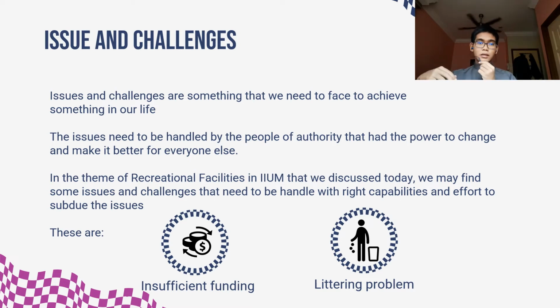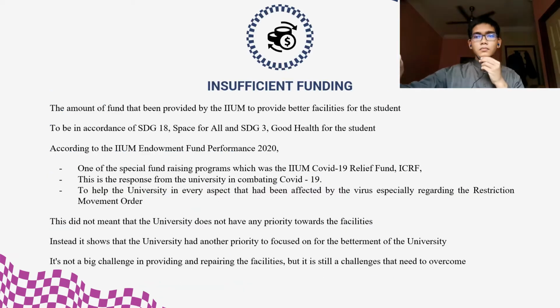So in this theme of recreational facilities in IIUM that we discussed today, there are some issues and challenges that we need to face, and we will present two of them, which are the insufficient funding and also the littering problem. First of all, we will talk about the insufficient funds provided to have better facilities.